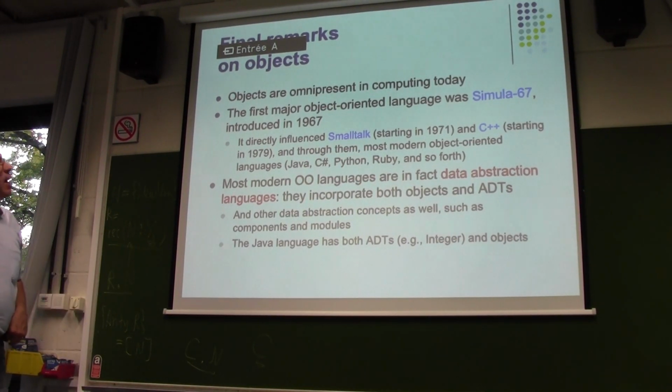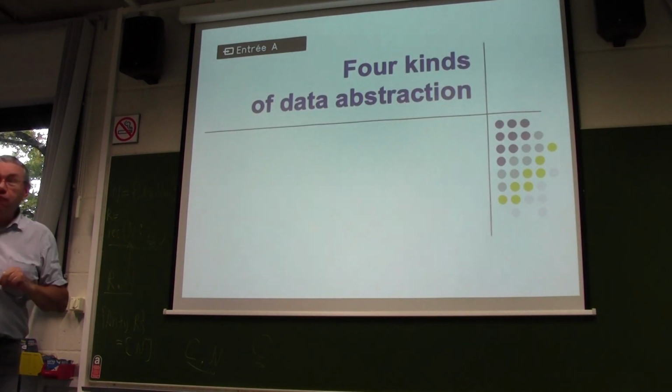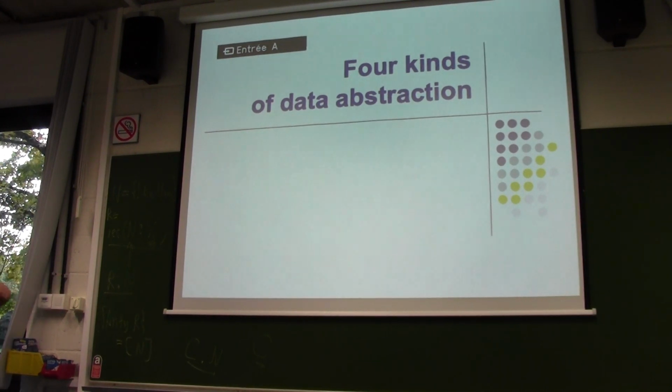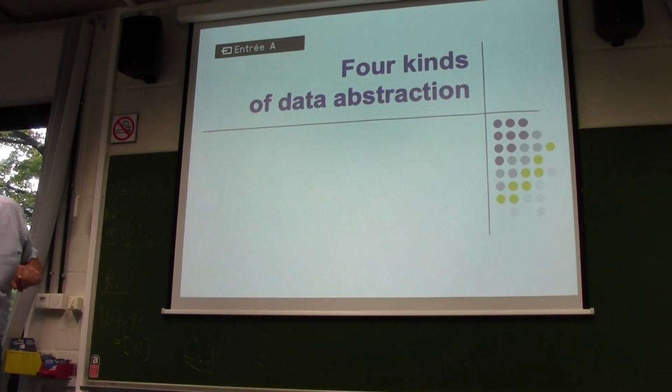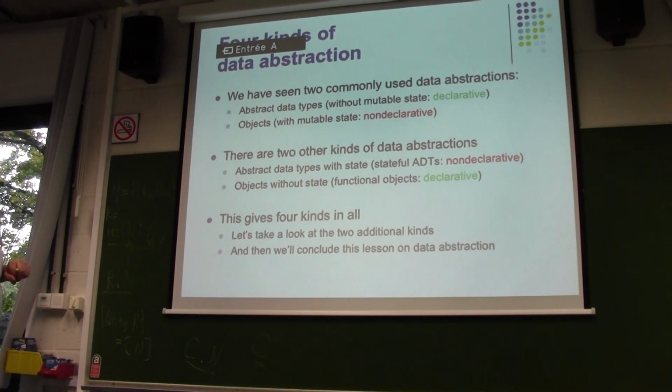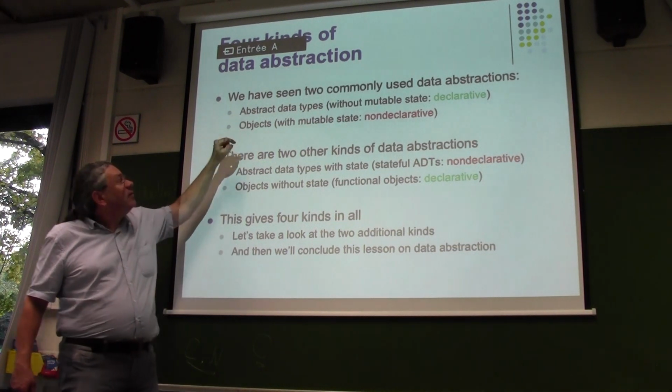Okay, so that's objects and abstract data types, but it's actually more. There are actually 4 kinds of data abstraction, and this is something that many people don't really understand, even in industry, even today. So I'm going to show you all 4. I showed you already these 2.